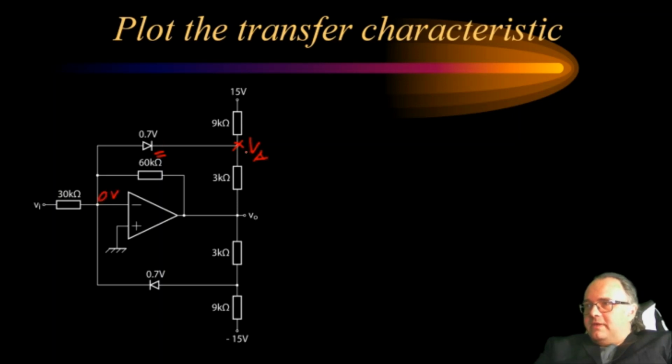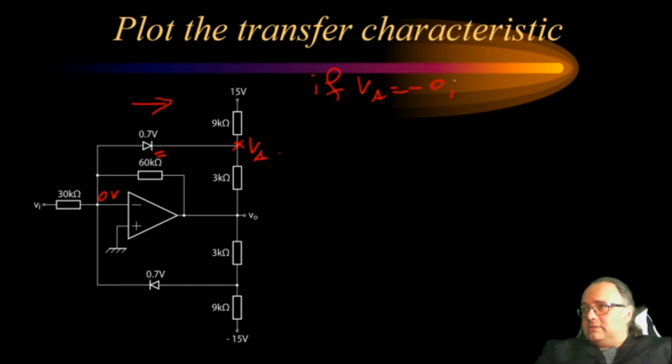And when VA gets to minus 0.7, then the difference between the input of the diode and the output of the diode will be 0.7, and this will be the border when the diode turns on. So when VA will become minus 0.7, so if VA is equal to minus 0.7 volt, the diode turns on.